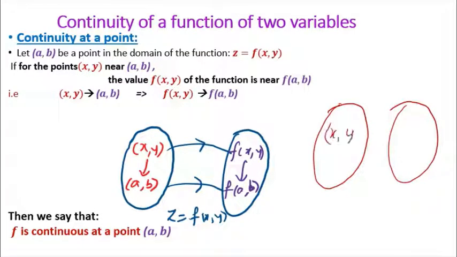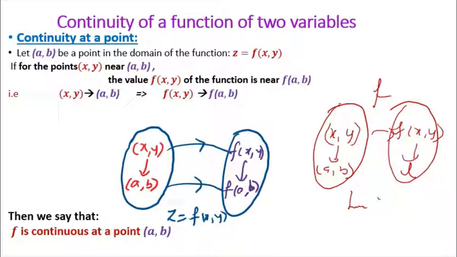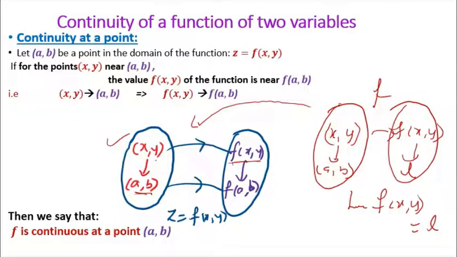If x comma y tends to a comma b, then its image f of xy, if it tends to some limit value L, you call the limit of f of xy equal to L. Now observe the same thing in the definition of continuity. If in the domain x comma y is reaching a comma b, then f of xy is reaching f of a comma b. Here I wrote L, but a comma b will also have an image.